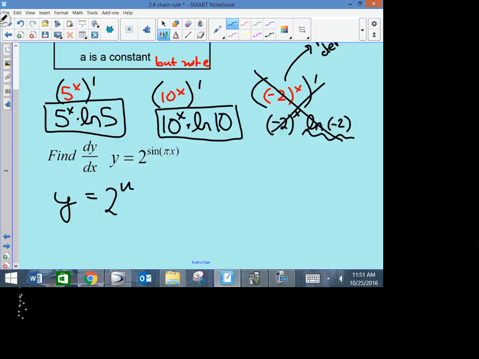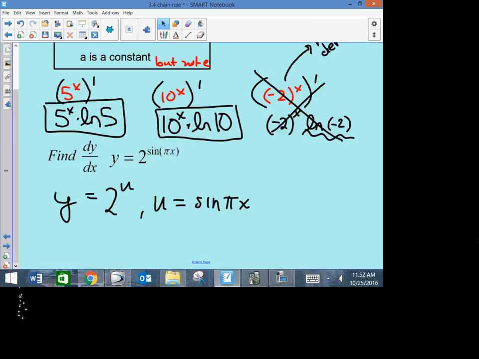Most of you have this, right? Yes. And then U is sine pi x. Well, we don't know how to do that without another chain, because I only know how to look up the derivative of sine of x on the sheet. If it's anything else, I have to break it down.